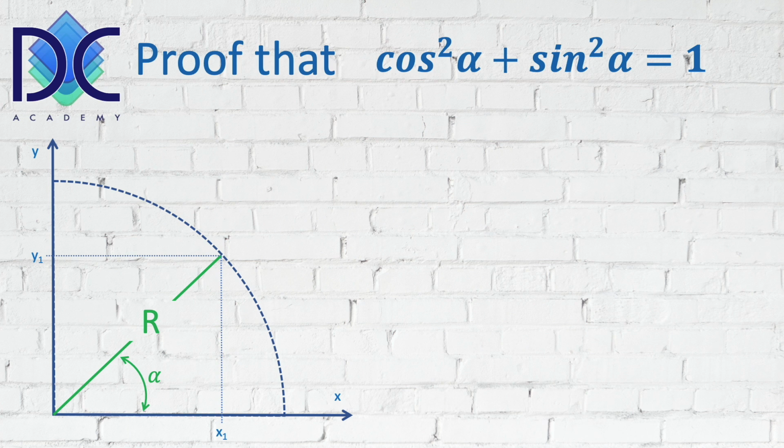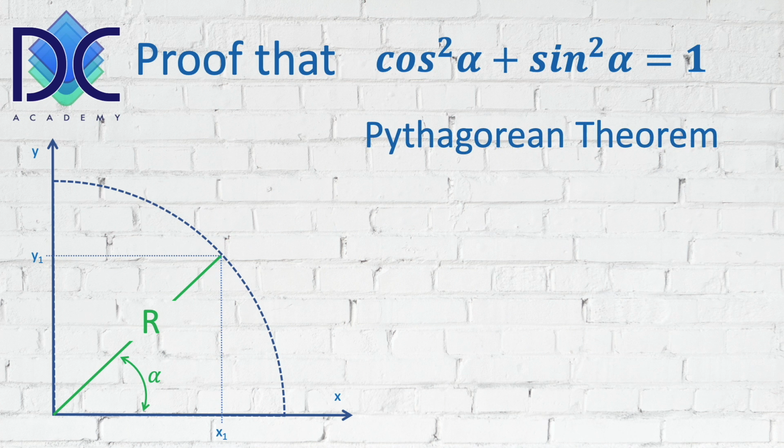We can use here the Pythagorean theorem, which is in fact x1 to the square plus y1 to the square is r to the square. This is something we've proven before, and we can use this as a basis to prove the equality cosinus square alpha plus sinus square alpha is equal to 1.